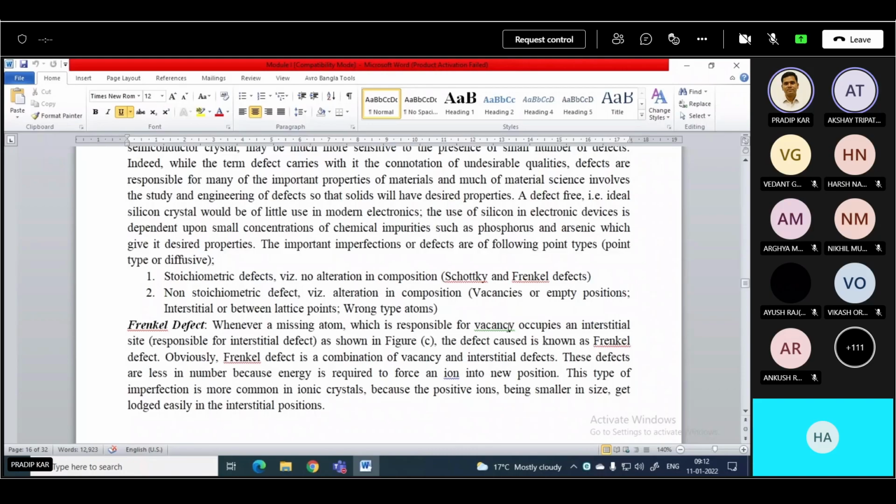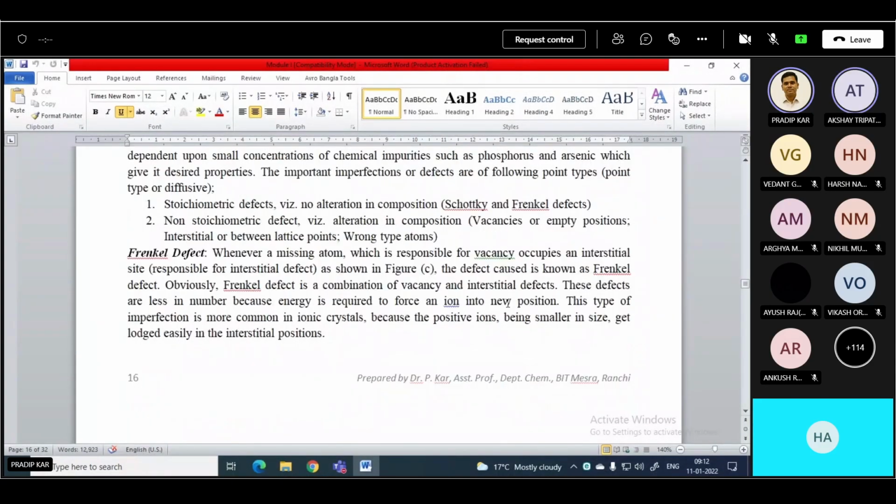First, regarding the stoichiometric defects, two defects are important. One is the Frenkel defect and the other is the Schottky defect. In the case of the Frenkel defect, one ion or atom is missing from its position and is present in any of the interstitial positions.